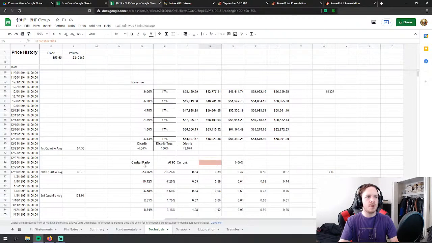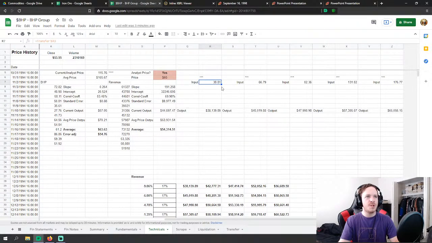Okay, so those are our projected iron prices. Also analyst price of 65, which is the projected analyst price. So approximately 31, 65, 67, 82, 131, 176 are our iron ore prices.